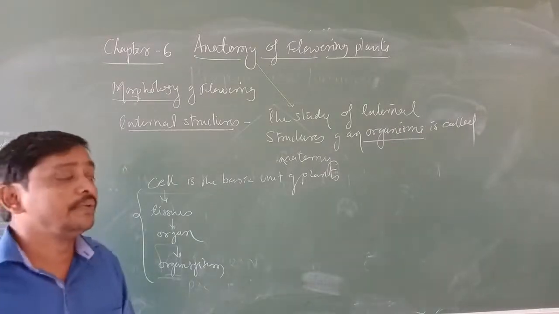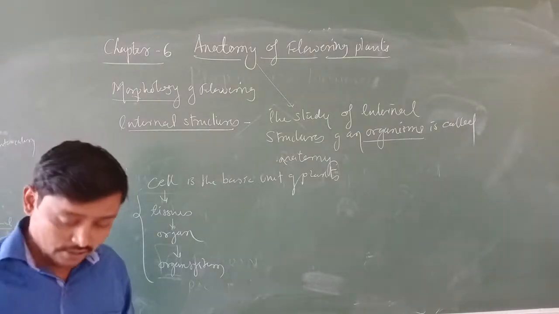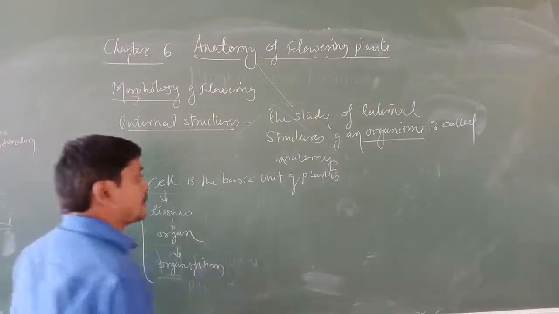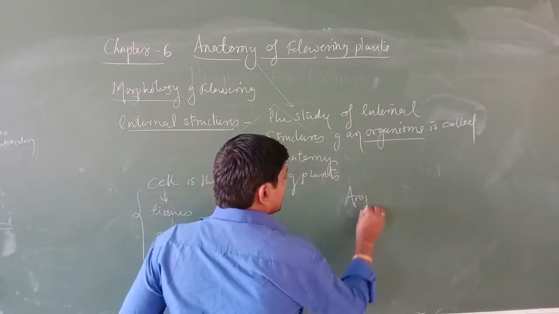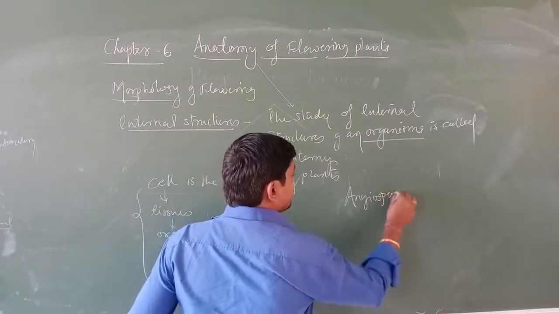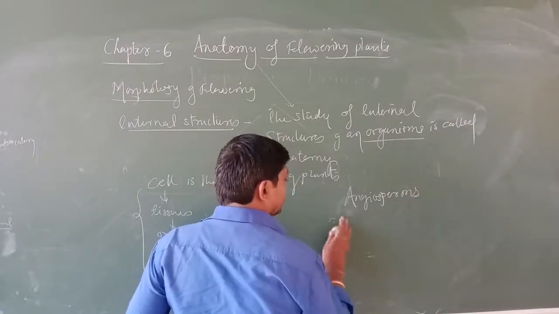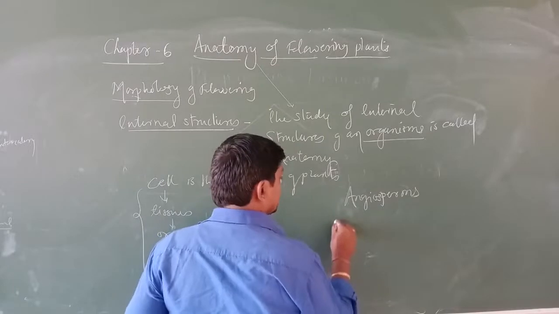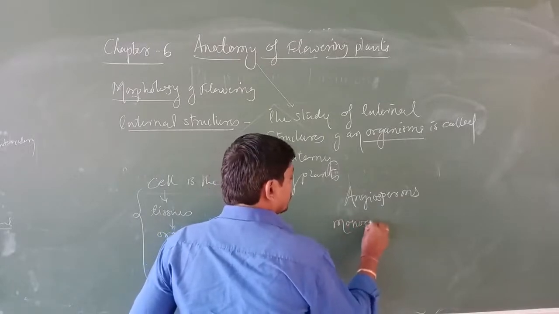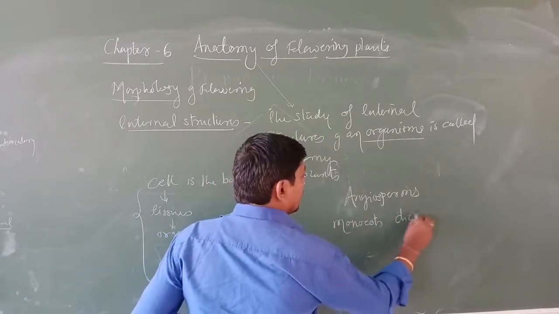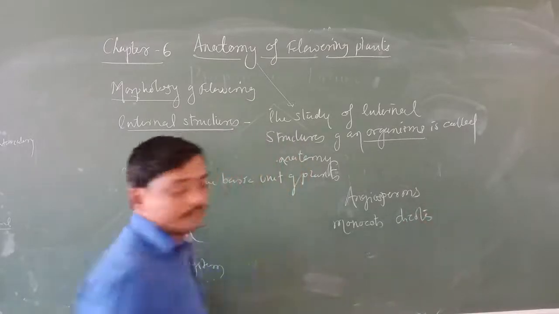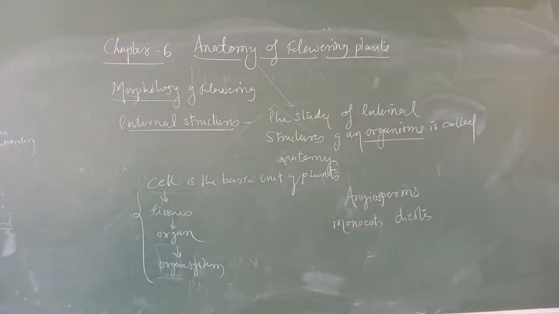For example, when we go for the higher plants, in the sense angiosperms, in angiosperms we are going to study two different kinds of plants. One is monocots, and the other is dicots.